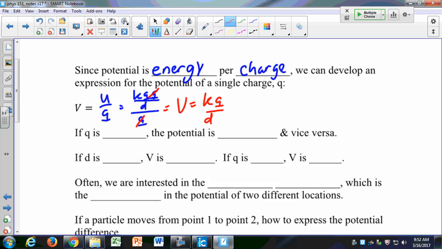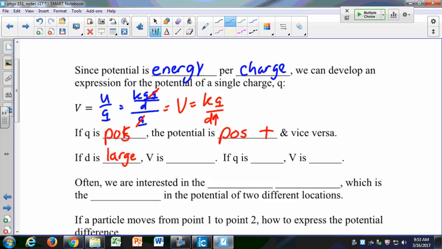If Q is positive, the potential is positive. If d is large, what happens to V as I increase d?